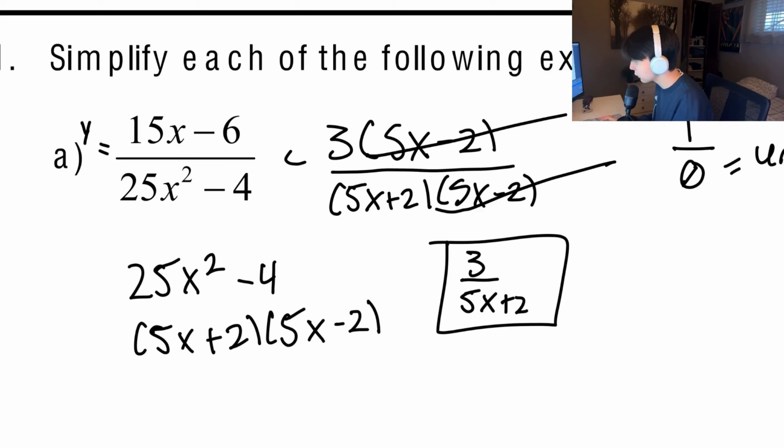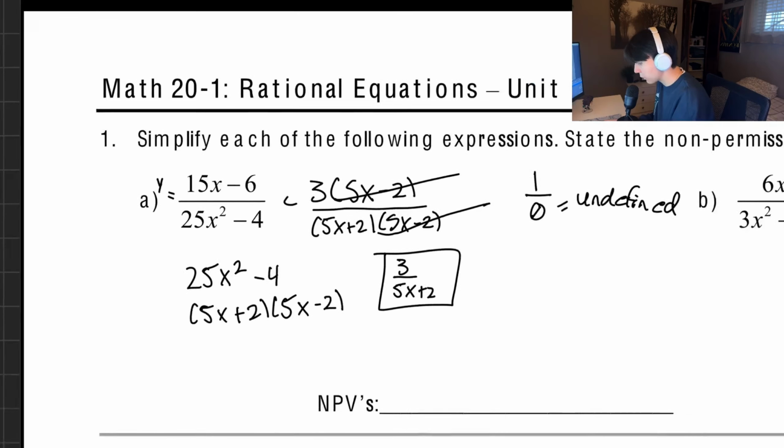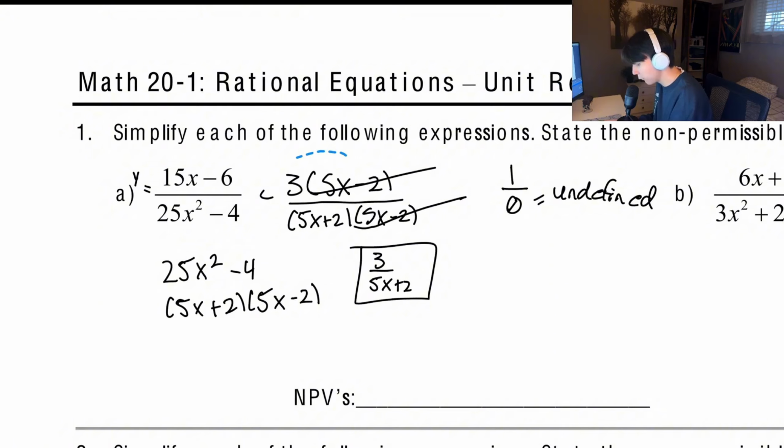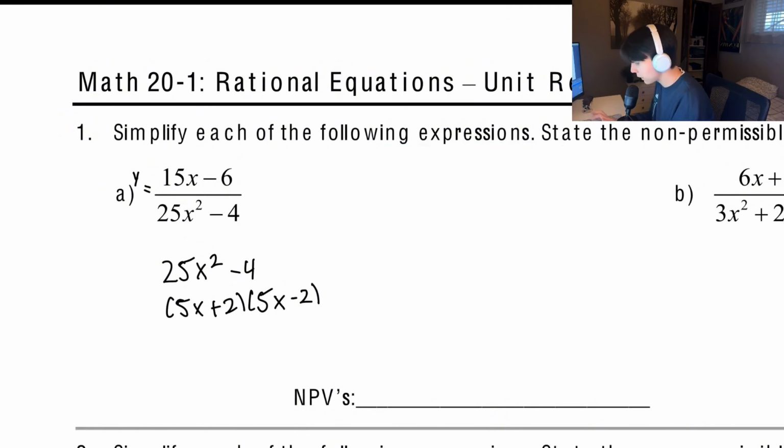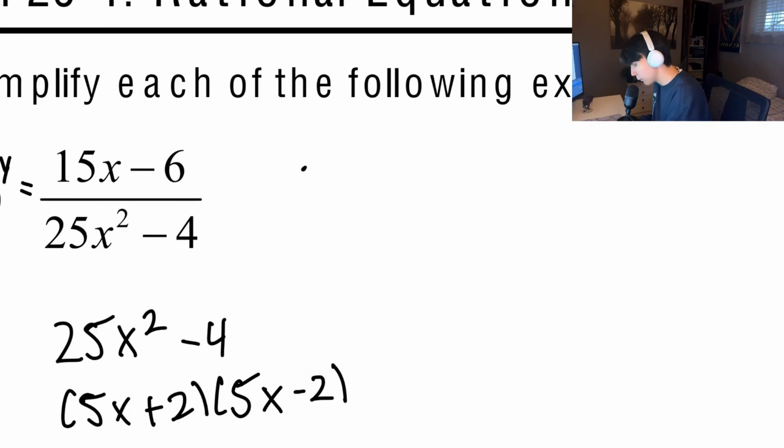We have values where x cannot equal certain numbers, because some values will give us 0, and we'd be dividing by 0, which is what we don't want. So essentially, any values of the variable in your denominator that will give you 0 are not allowed. So we have 25x squared minus 4 cannot equal 0.